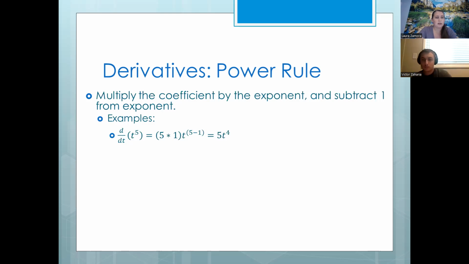At least that's one way to write it. The variable in the bottom tells us what we are finding the derivative with respect to.